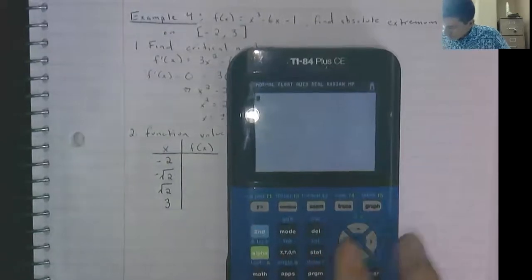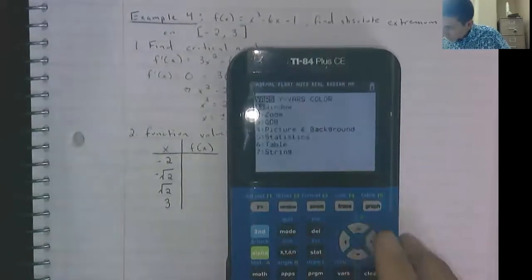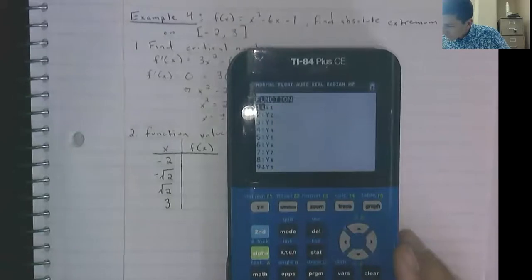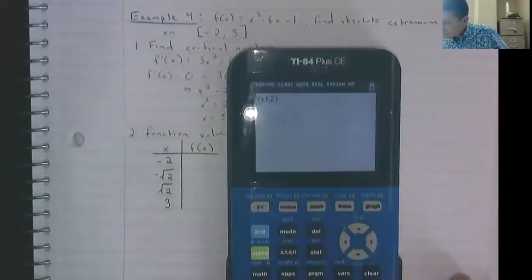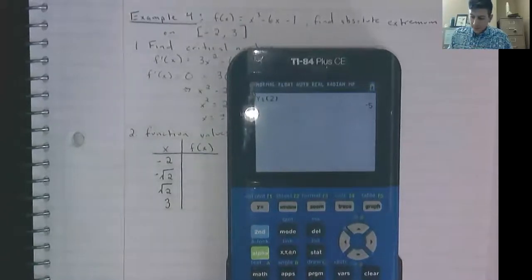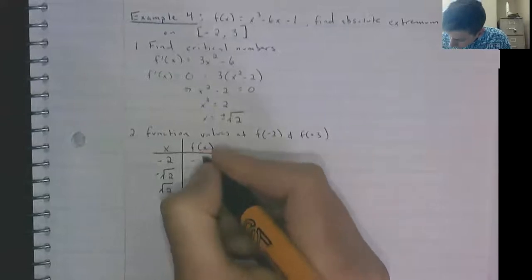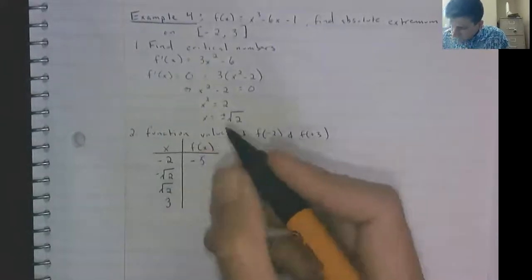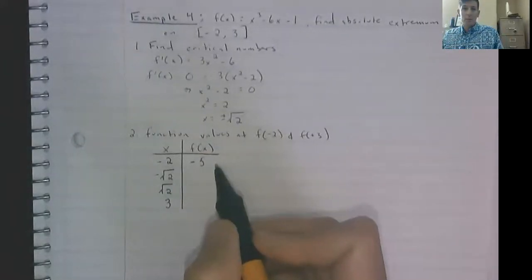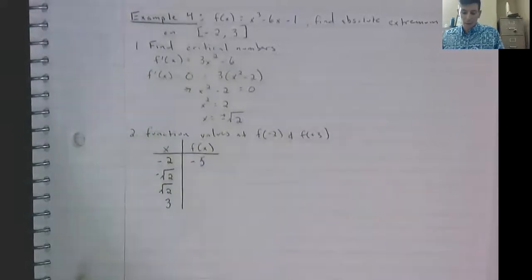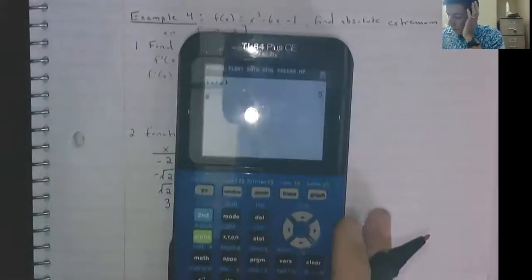And we want vars, y1 of -2, which gives us -5. So far, that's the winner for minimum and maximum. Let's go y sub 2 of 3.